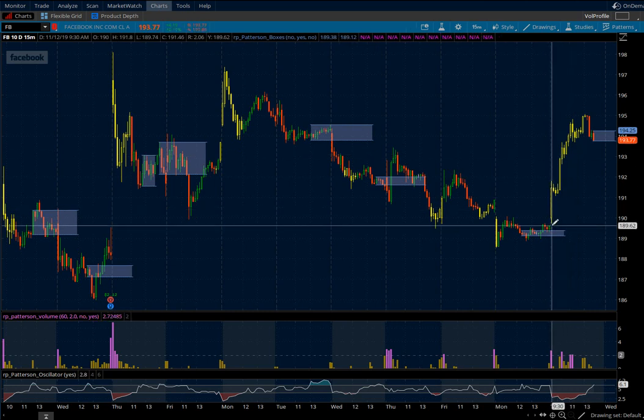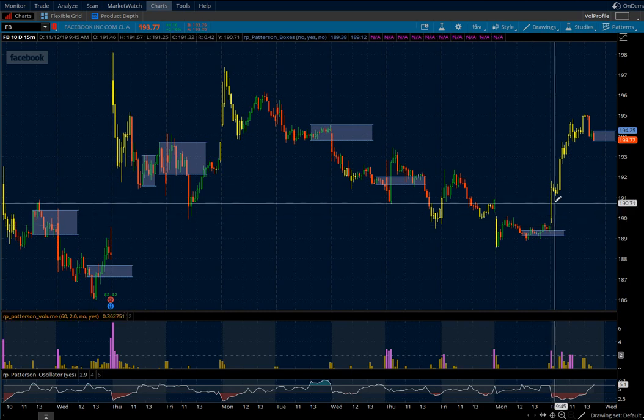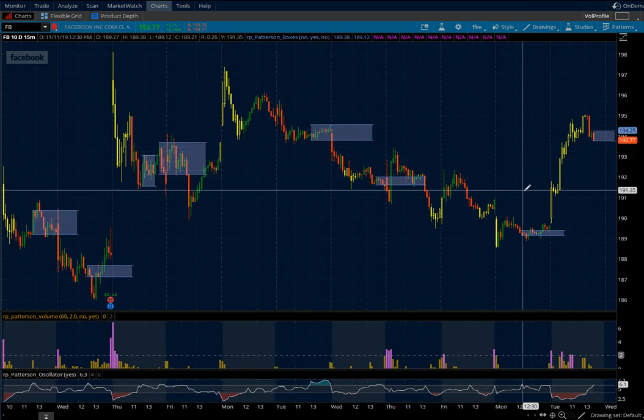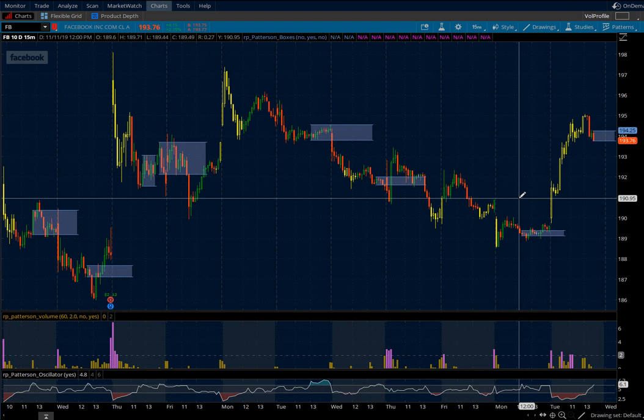So you can see that Facebook stayed overvalued from the very first candle this morning, and Facebook is in a bit of a downtrend here. That's one of the conditions you want to look for if you're trading my method or my system that I am basically selling my algo package for.